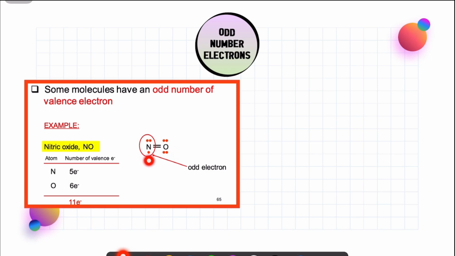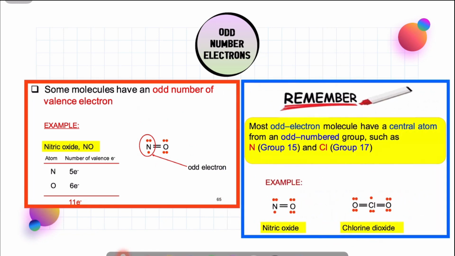And now the total valence electrons of nitrogen is 2, 4, 6, and 7. So it is not 8, but it is near to the octet. So this is an example of the odd electron. And remember, most odd-electron molecules have a central atom from an odd-numbered group, such as group 15 and 17. These are the 2 examples of odd number of electrons.